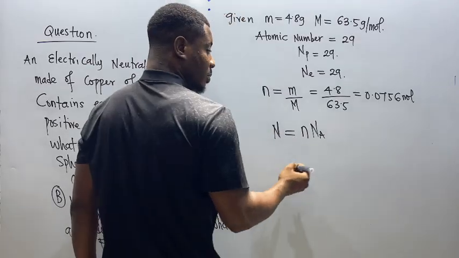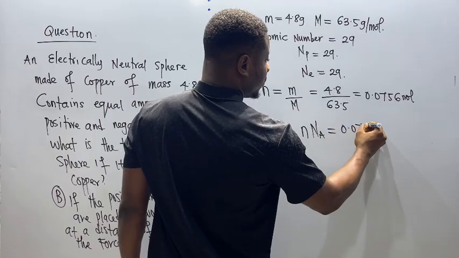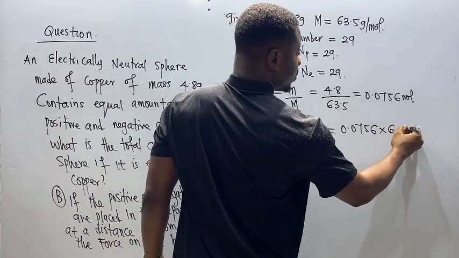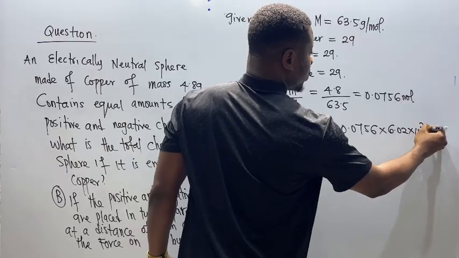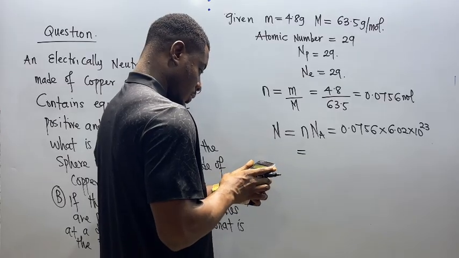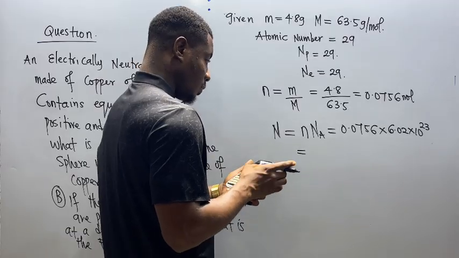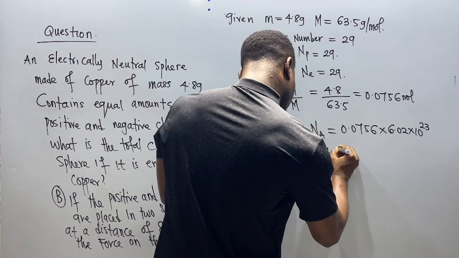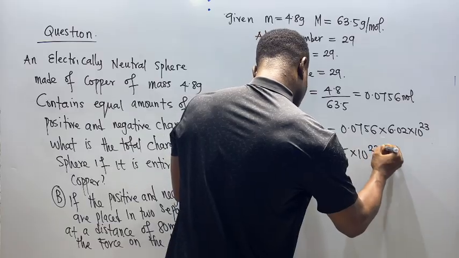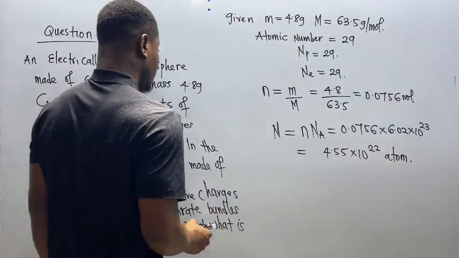So 0.0756 times Avogadro's number, 6.02 times 10 to the power 23. That gives us 4.55 times 10 to the power 22. This is the number of atoms of copper.